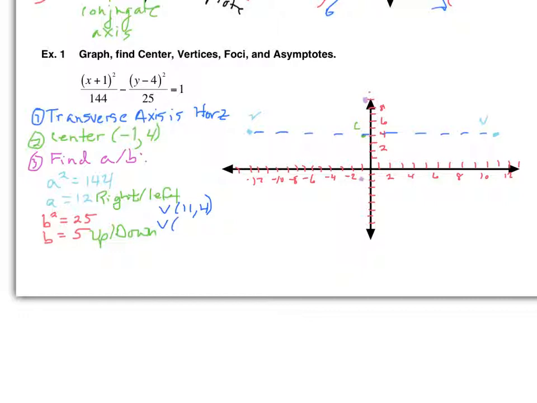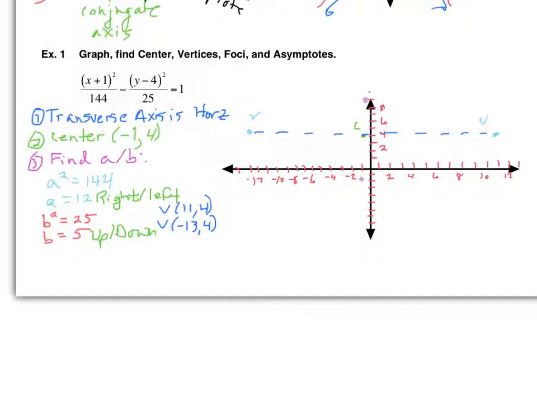And the other vertex, which is left of center, is this one, which is what? -13, 4. So we've named our center, we've named our two vertices. Now we need to draw in our rectangle and our asymptotes. So that's our next step.